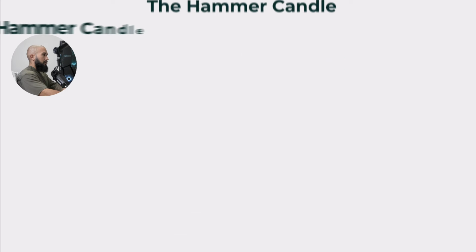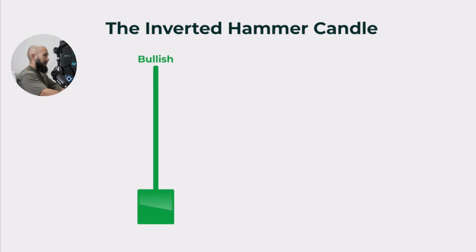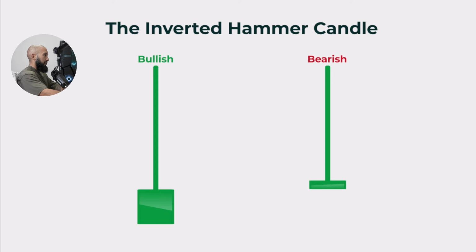The next type of hammer candle we have is the inverted hammer candle. It's exactly what the name suggests, a hammer turned upside down. This pattern also occurs at the bottom of a downtrend. Again, it has the same characteristics for both the bullish and bearish inverted hammer candle, where the opening and the closing of the body this time are closest to the lowest price point of the candle, just like this.